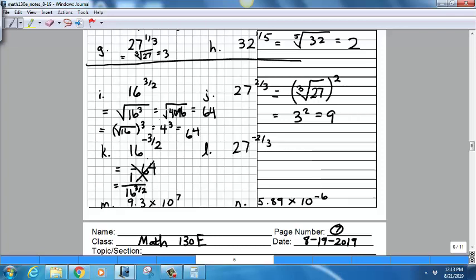Then you can change the sign of the exponent, so I can make that negative exponent positive after I take the reciprocal. Tajane, it's easy because we already calculated 16 to the 3/2 power. What was that again? 64. So what you really get here is a positive number, 1 over 64.